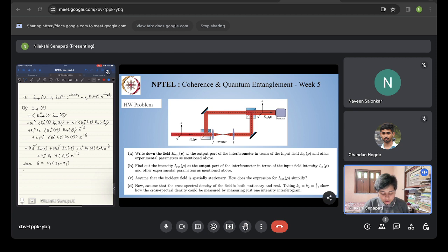So these two parts I have already done in the previous class, but this is just to remind you and make you habituated again and again with the solution process. That's why I did it again.